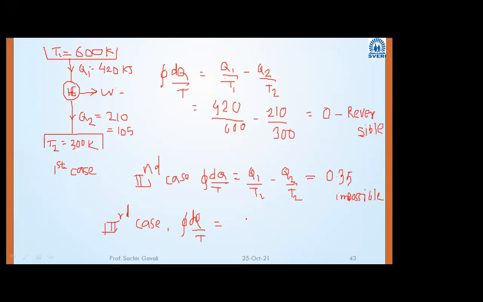And it is coming as minus 0.35. Minus 0.35 means the cycle is what? Irreversible. Negative is irreversible. Reversible, impossible, and irreversible. Okay. Everybody got it, mention in the chat box so that we can go to the next numerical.